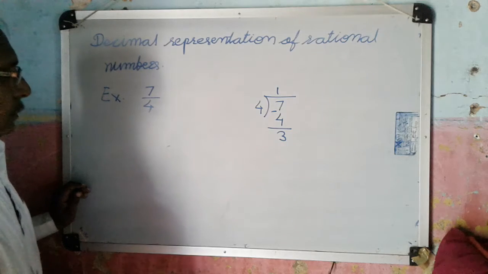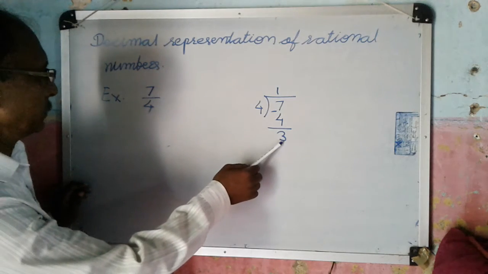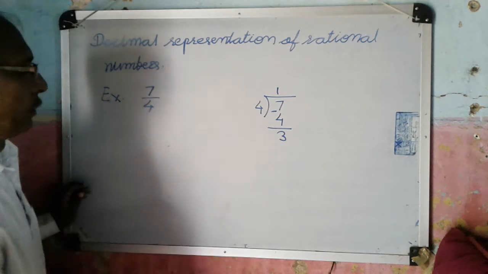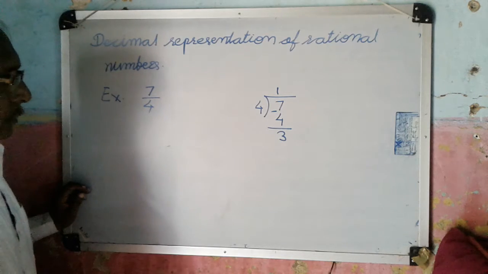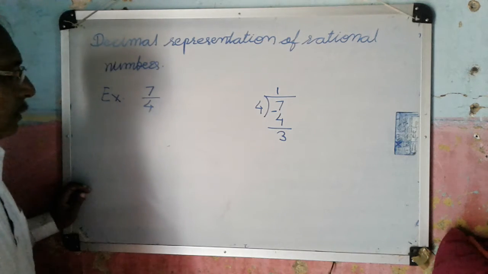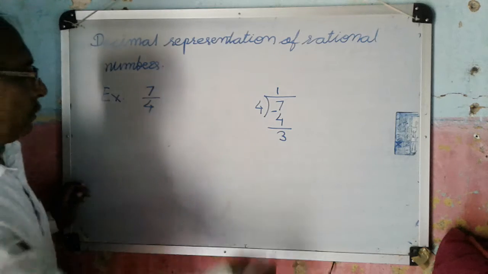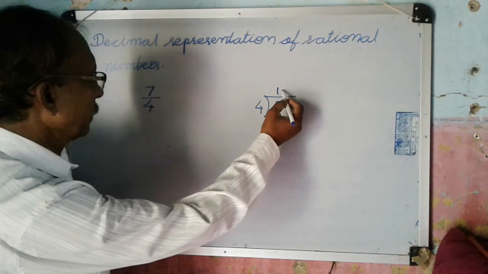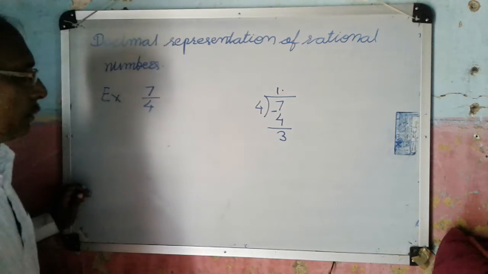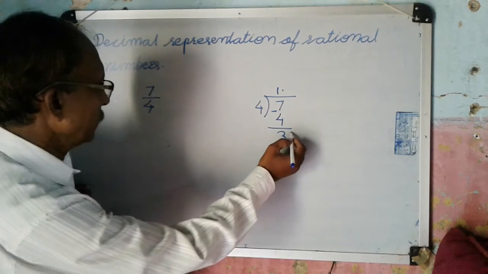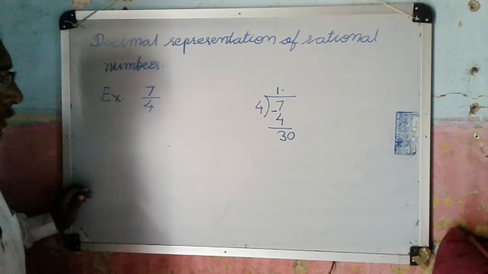So this remainder is less than this divisor 4. So further we cannot divide. So then we will put here a decimal point and write 0 after 3.